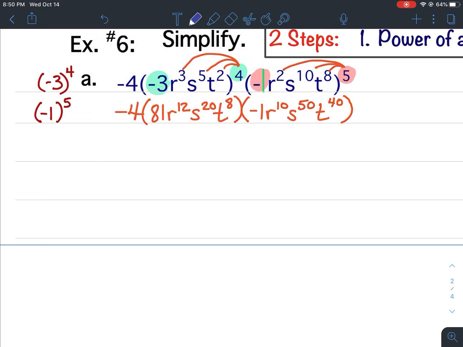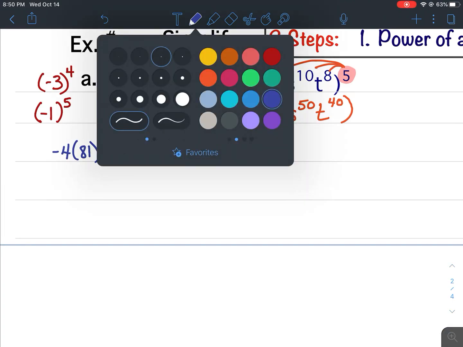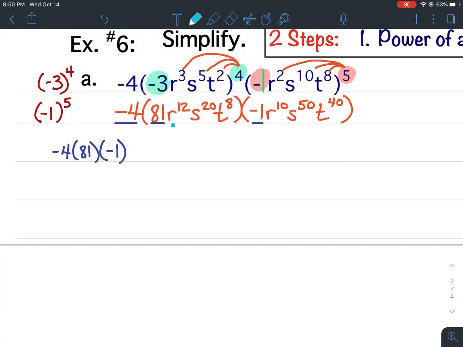So this is where we list everything off to the side. I'm going to start with my coefficients. So I have negative 4, 81, and negative 1. Now I need to group together my variable terms. So I've got r to the 12th and r to the 10th.